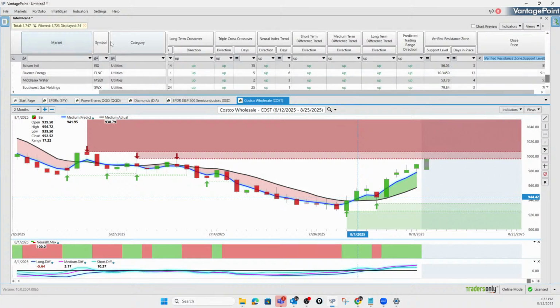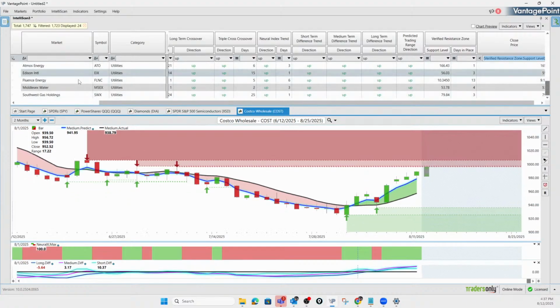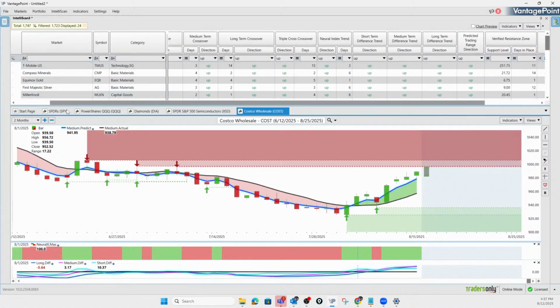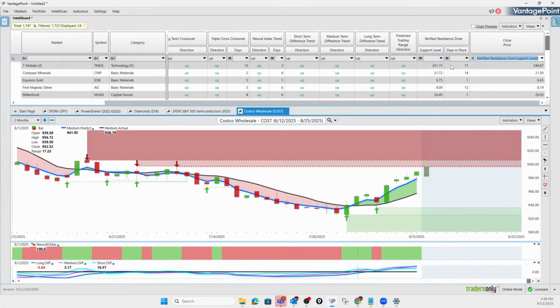Now you've got 24 opportunities that you could look at that are identifying as fresh, new opportunities that are not yet right up against your resistance level, right?